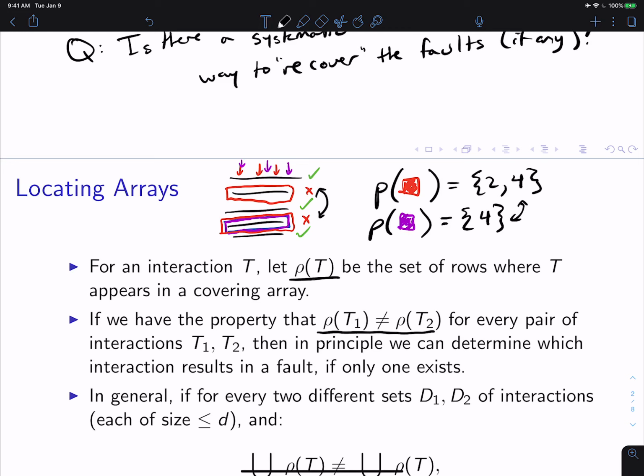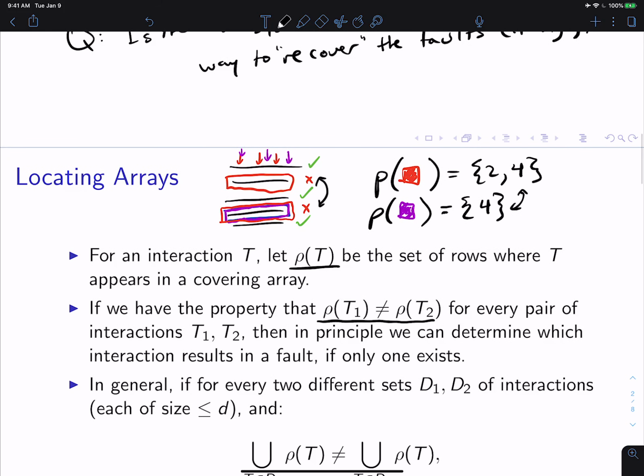Well, we would have to go through the interactions and determine that for ourselves, but we don't have to run the tests again, which is a good thing. We would just have to go through the interactions and compare the sets of rows where they appear, these row values, against the tests that actually failed.